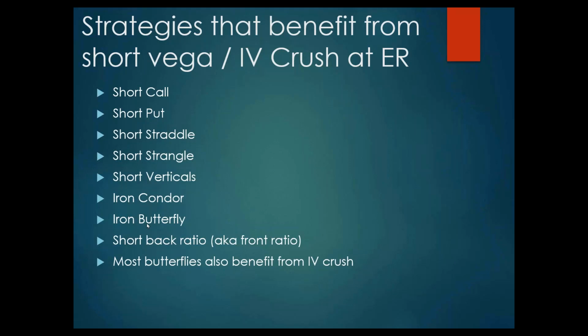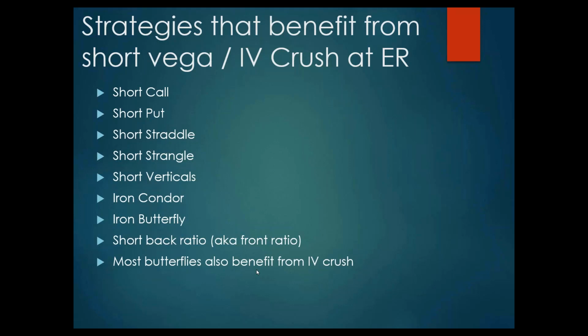Iron butterflies, another beneficiary of the IV crush. Short back ratio, also known as a front ratio. Most butterflies, most other regular butterflies, all calls, all puts, you can do broken wing butterflies, ratio butterflies, a combination of a broken wing that's also ratio.